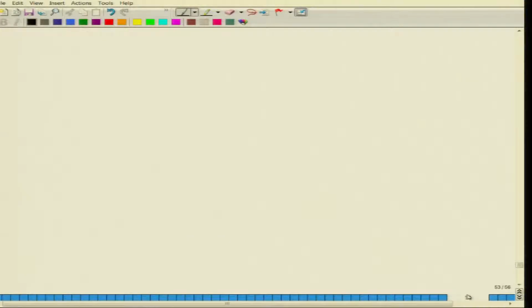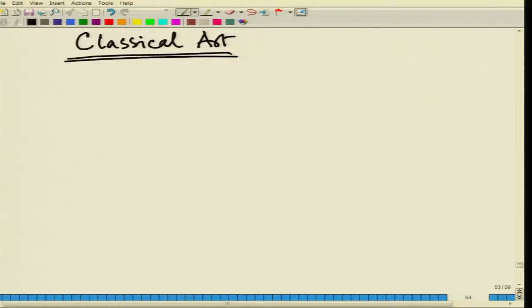So, images from classical art have a static quality in them. There is stability that is also brought in with dynamism.